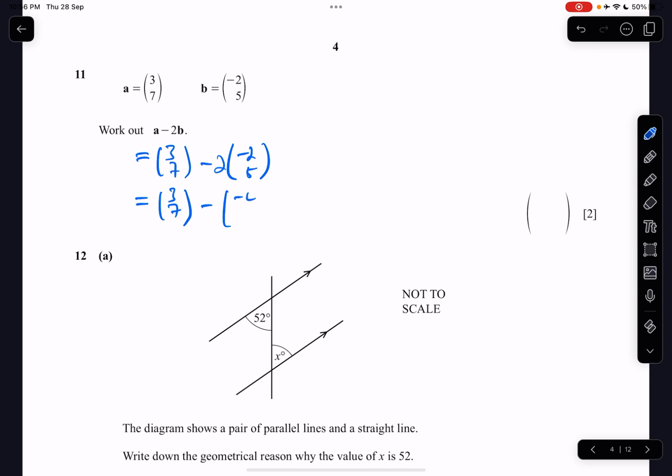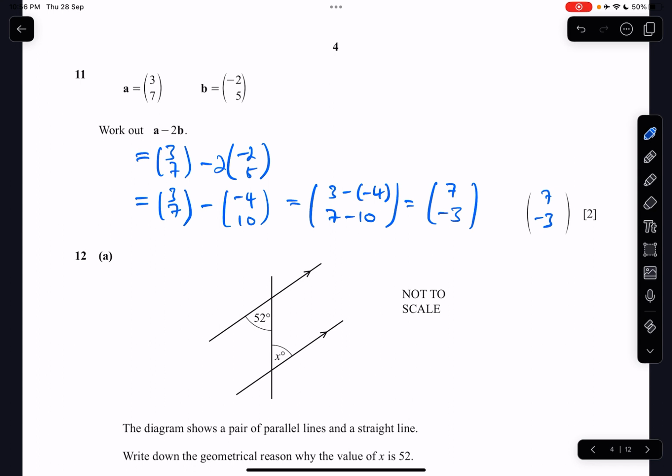So this will be negative 4, and this will be 10. Then I will have 3 minus negative 4, and this is 7 minus 10. One last step: 3 plus 4 will be 7, and this will be negative 3. So the answer is (7, -3).